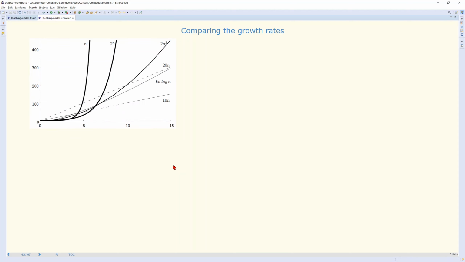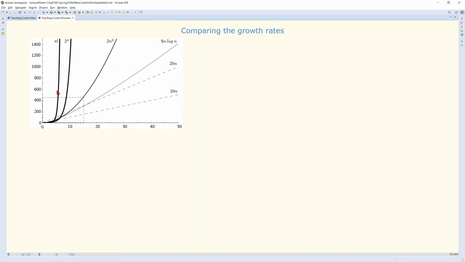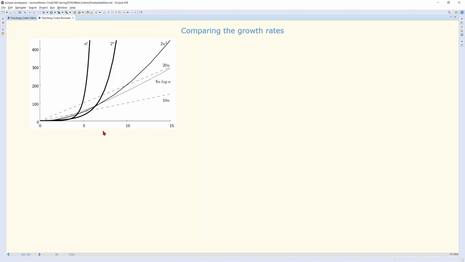So this is just zooming into this dashed rectangle here. If you look at that part, you will see that factorial or exponential are better. Pay attention, they are better than 10 times n, which is the linear case, for values that are small like 2, 3, 4, 5, whatever.